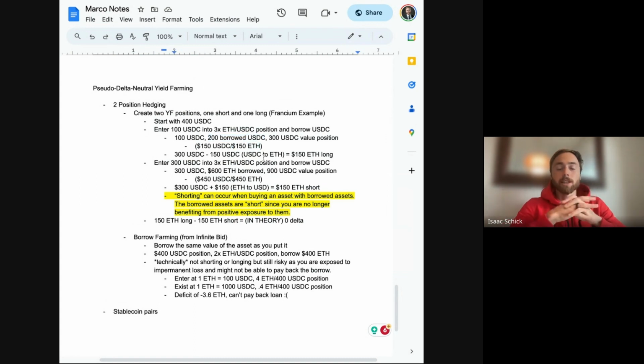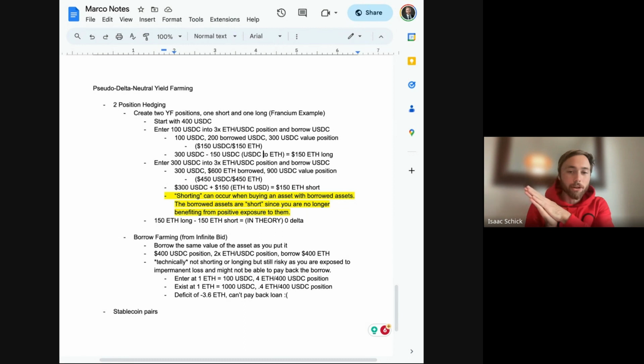The reason for that is because when the value of dollars goes up or down, when we are borrowing it, we have to repay whatever that value is. So $200 you borrow, you have to pay back $200. That's how that works. So when you buy another asset, you are no longer exposed to the value of your borrowed asset.